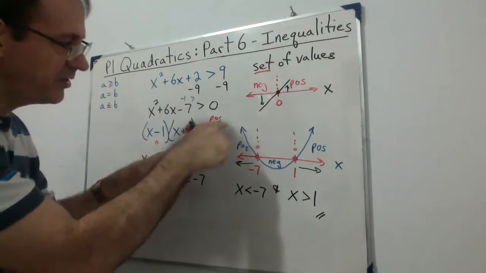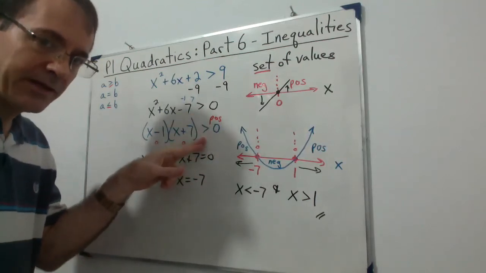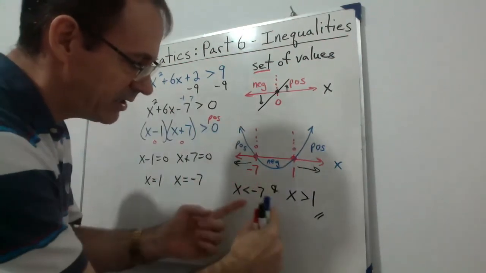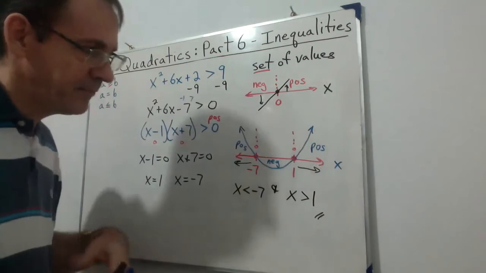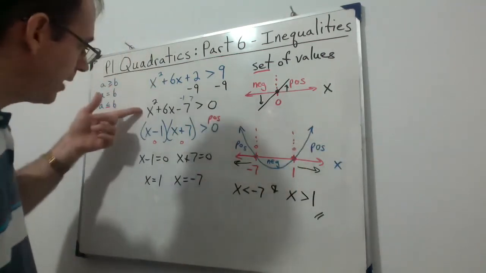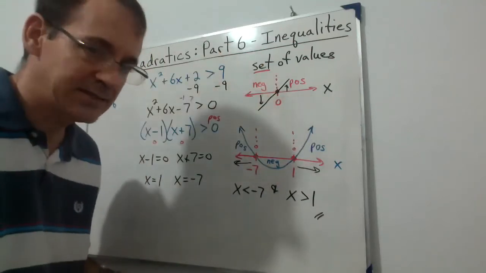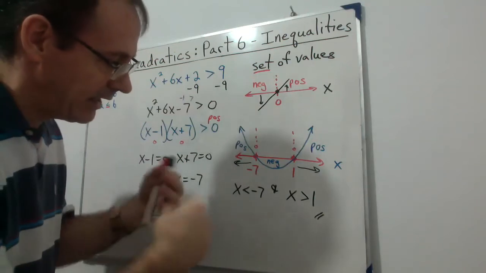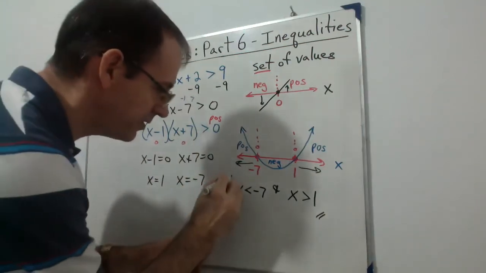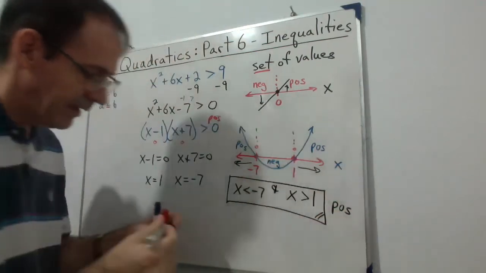You look to see which section is required by the inequality, and then you write your statement based on your graph. Use your positive x squared to face up, negative x squared to face down. So this is your answer set for the positives.